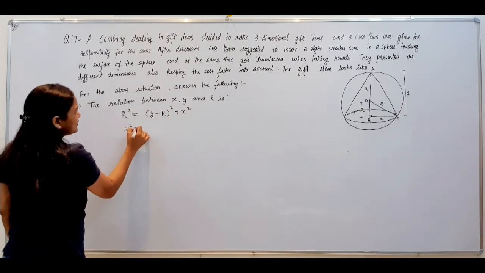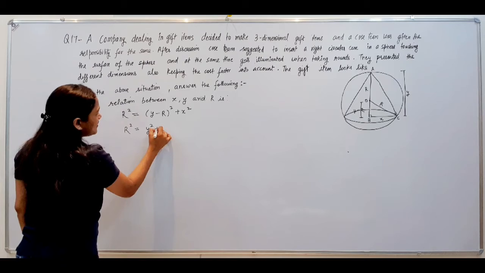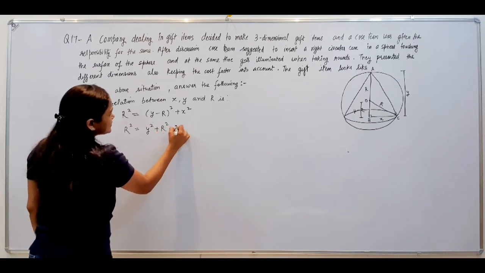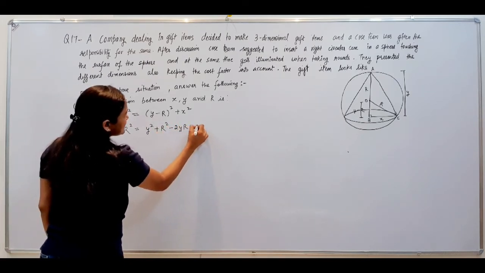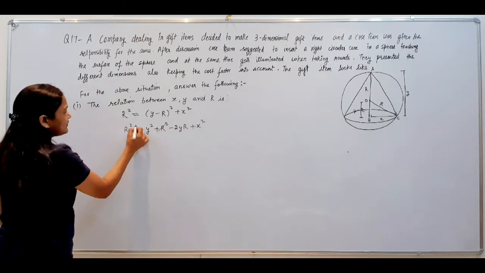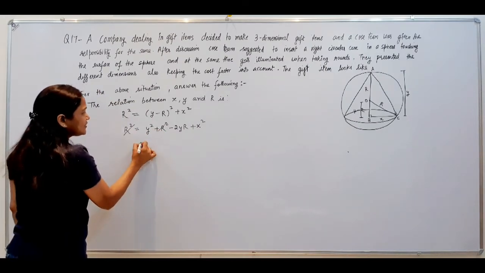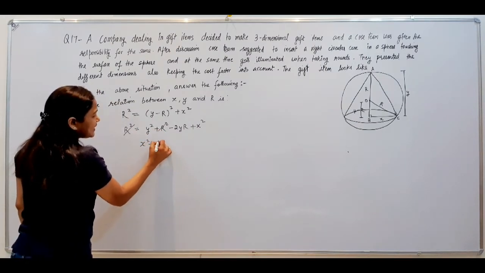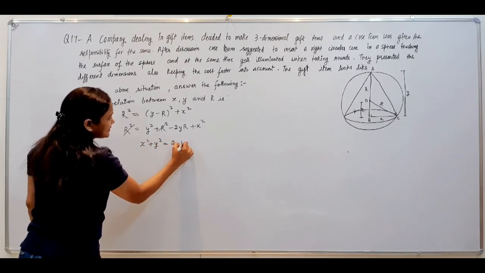So R square will be equal to y square plus R square minus 2yR plus x square. R square will cancel out, so the relation between x, y and R will be this.